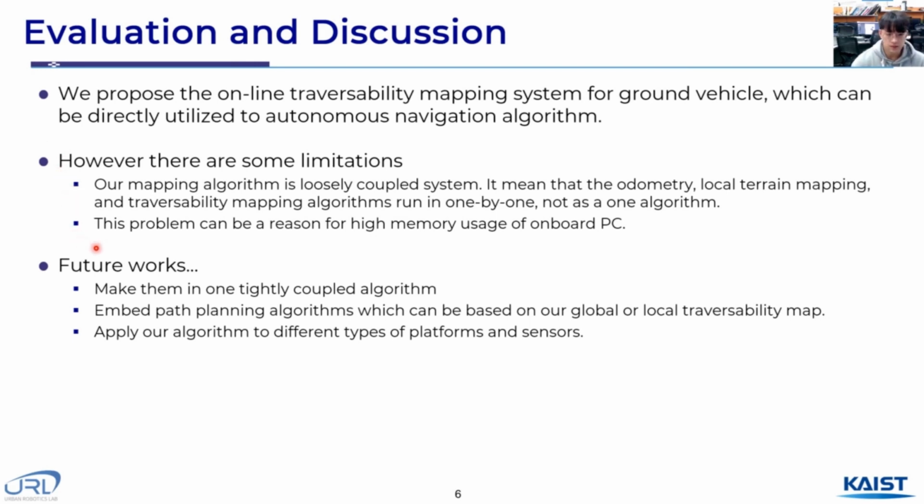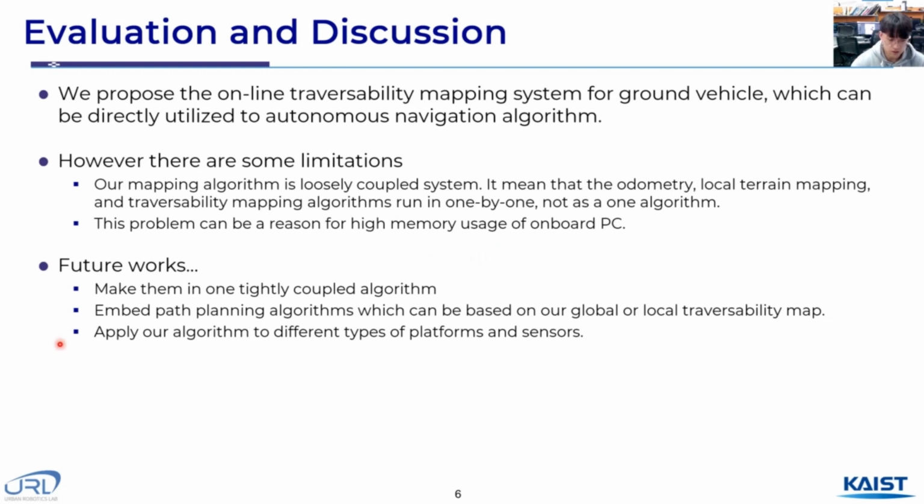Our mapping algorithm is a loosely coupled system. It means that the odometry, local terrain mapping, and traversability mapping algorithms run one by one, not as one algorithm. This problem can be a reason for high memory usage of the onboard PC.